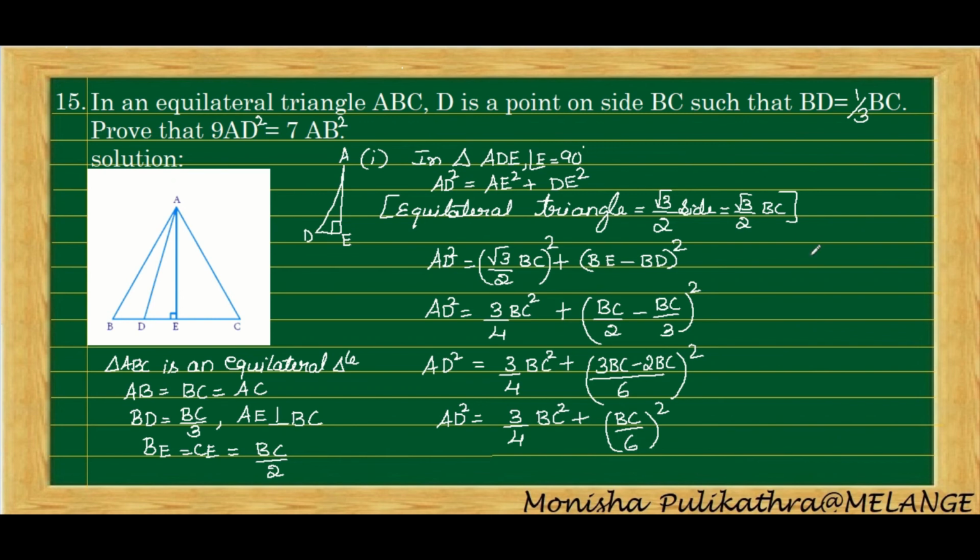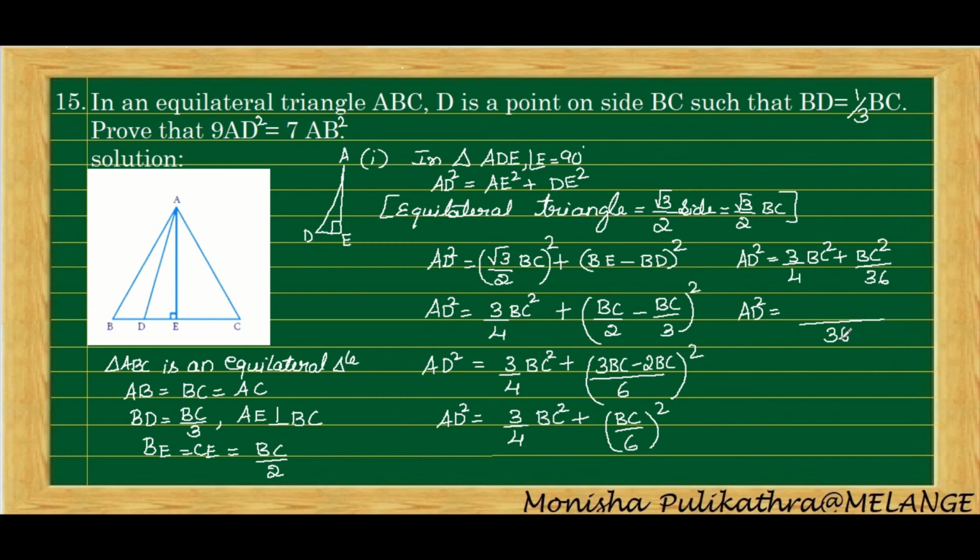In the next step, we can write AD square is equal to 3/4 BC square plus BC square by 36. Next we need to take LCM of these two. The LCM is 36.